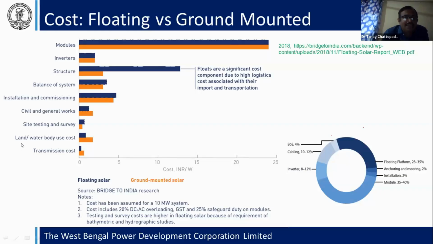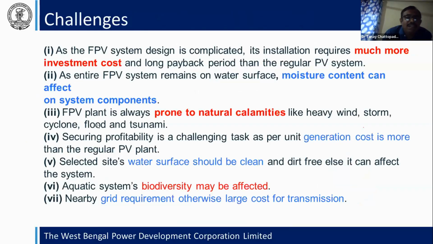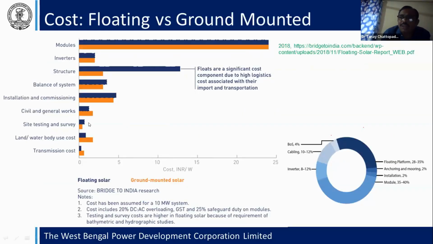For the land and water body cost, we do not require any land actually. Small land is required only for transmission and the control room, and all the panels are on the water. For the water body cost, if it is a private water body, then you can easily use it.